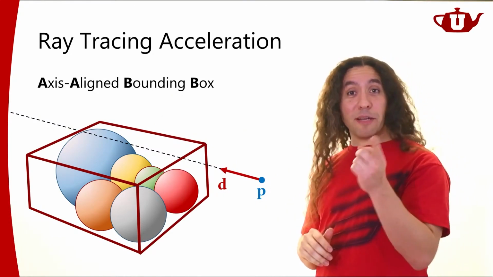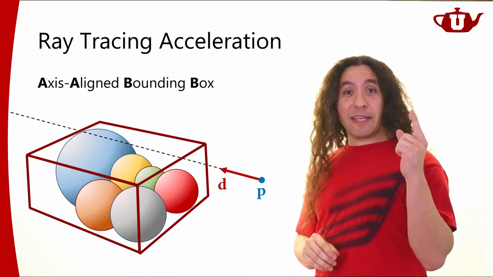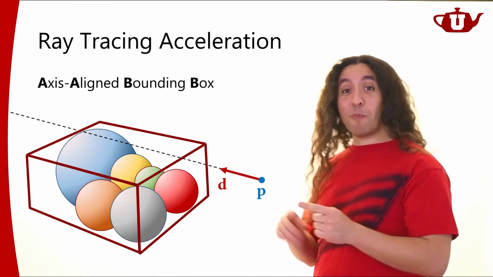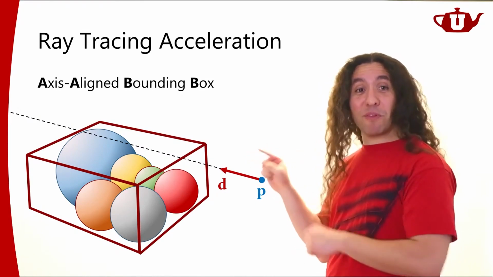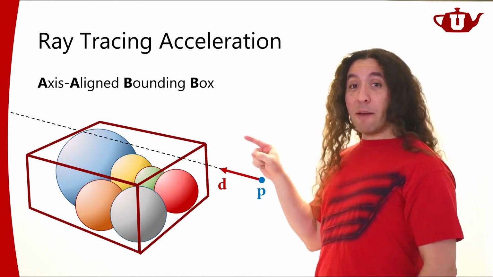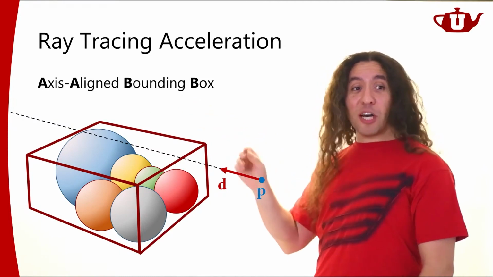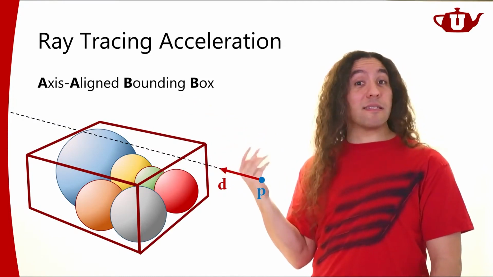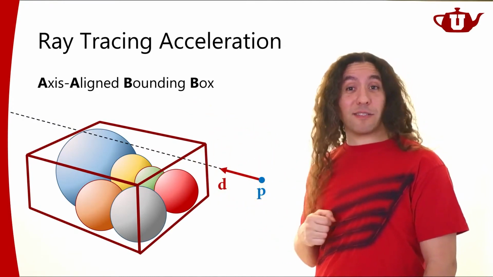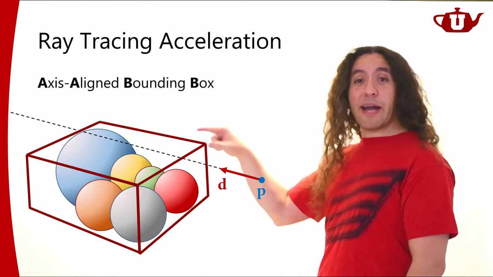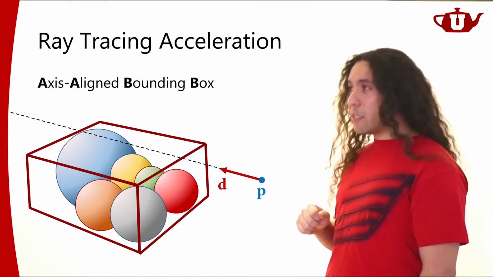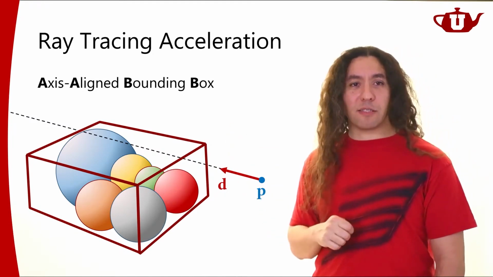Because we just talked about this a few minutes ago, I can easily do a ray-plane intersection, but if my plane is an axis-aligned plane, then ray-plane intersection simplifies quite a bit. And an axis-aligned bounding box is just 6 plane intersections. So computing the ray intersections with an axis-aligned bounding box is just going to be 6 plane intersections.